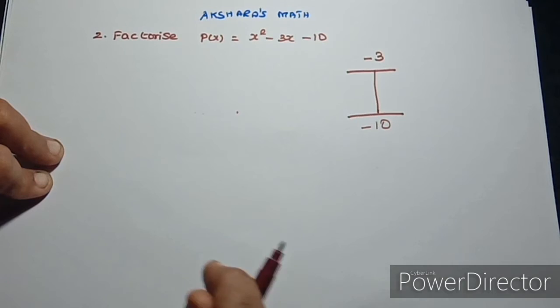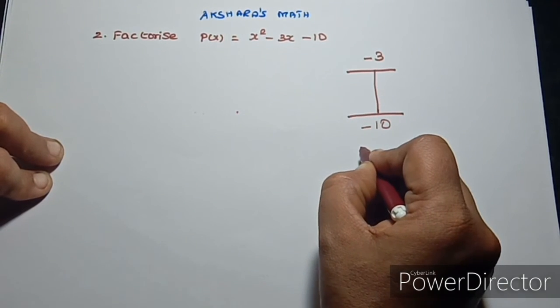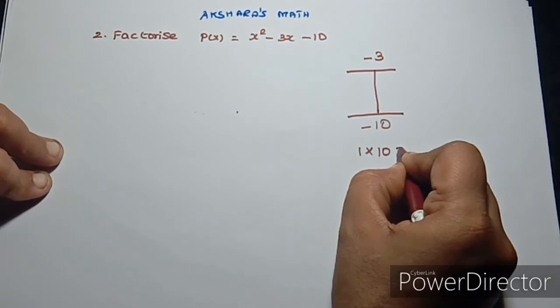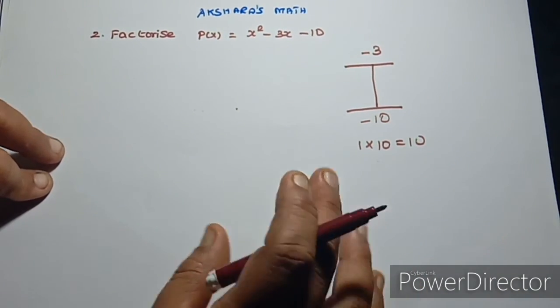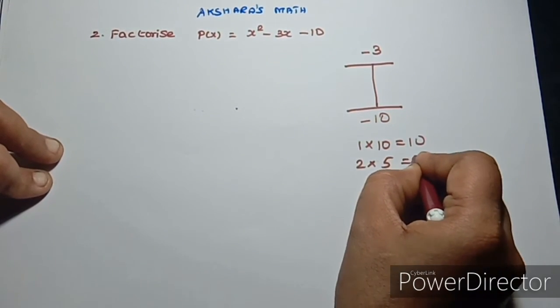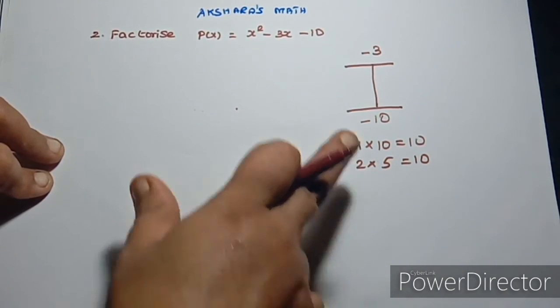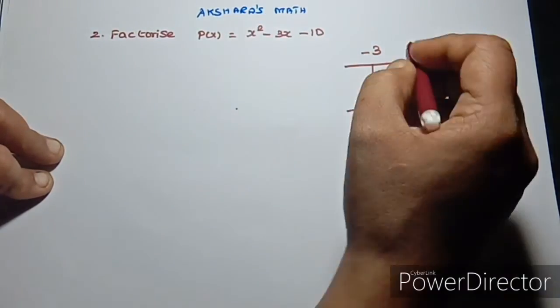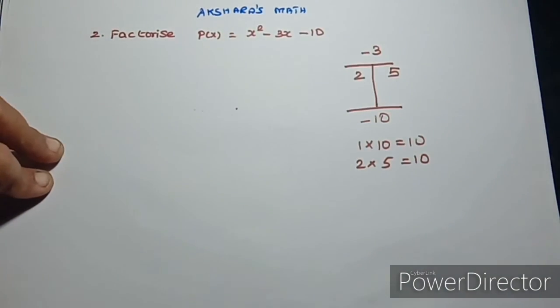Next step is to write 10 as a product of its factors. So 1 into 10 will give me 10, but 1 plus 10 will not give me 3. So I will try 2 into 5. 2 into 5 will give me 10, and 5 minus 2 will give me 3, but minus 3 is required. So first I will put 2 and 5 here. I know adding or subtracting these is going to give me 3.